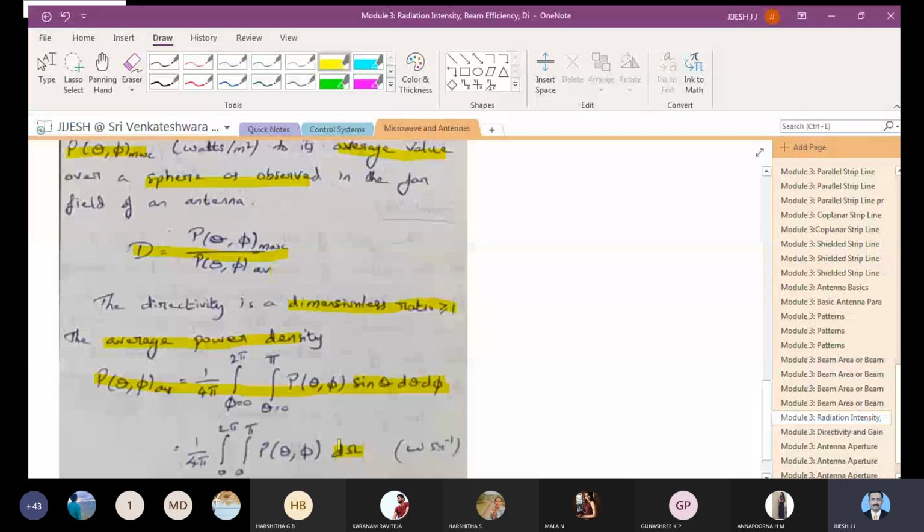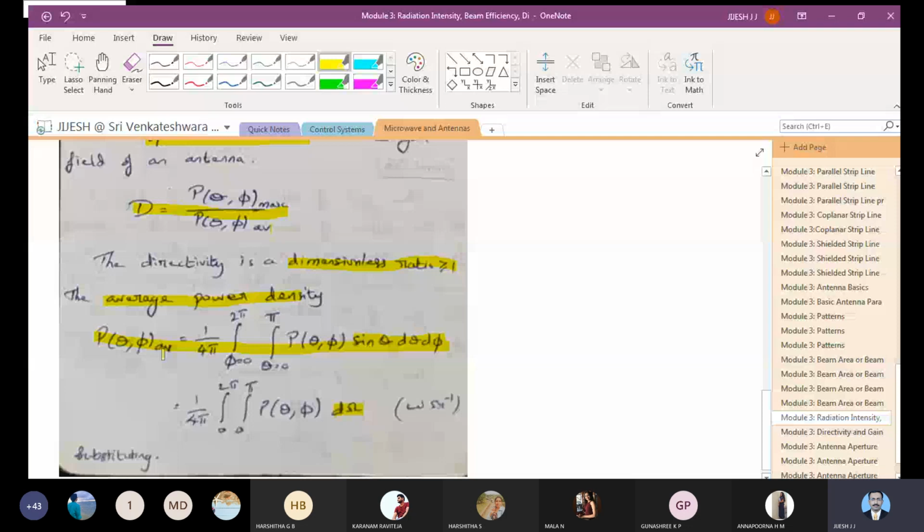Then D is equal to P theta phi maximum divided by P average. We got P average as 1 by 4 pi integral of 0 to 2 pi, 0 to pi, of P theta phi d omega, in place of sin theta d theta d phi, which we have already studied before. You complete it.